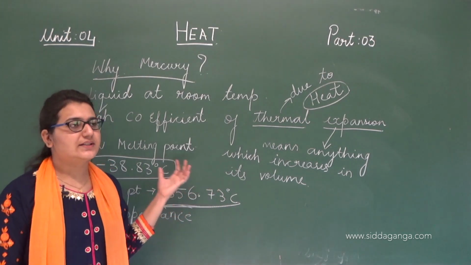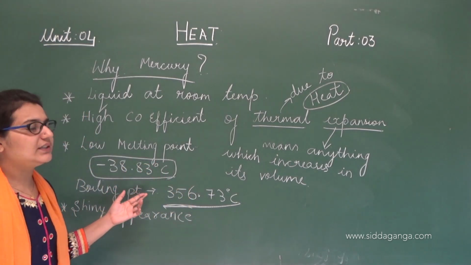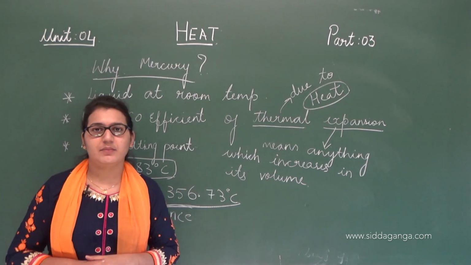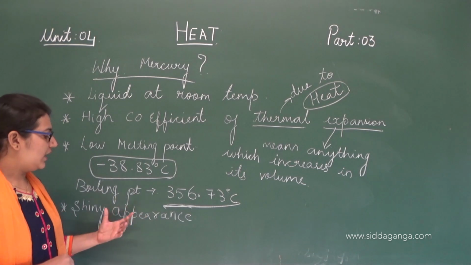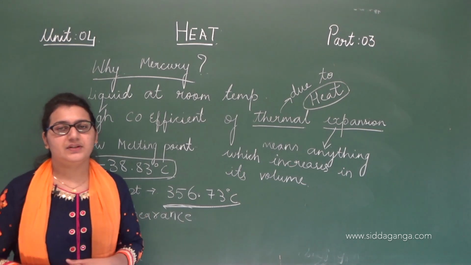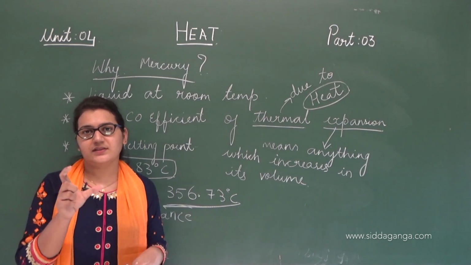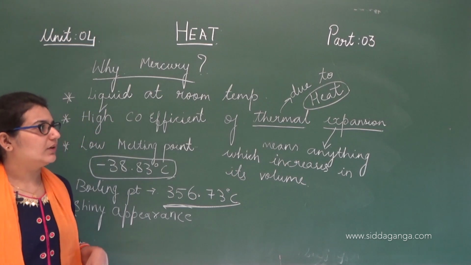These are the extreme temperatures which make it difficult to melt or vaporize the mercury. So that is the reason it is used at room temperature, and it has a shiny appearance, which makes us easily notice the change in the temperature. So this is about mercury.